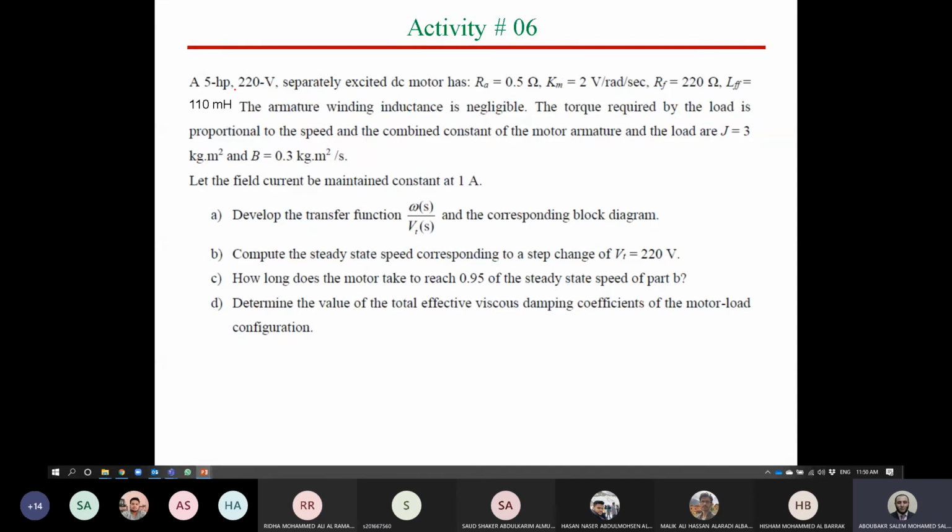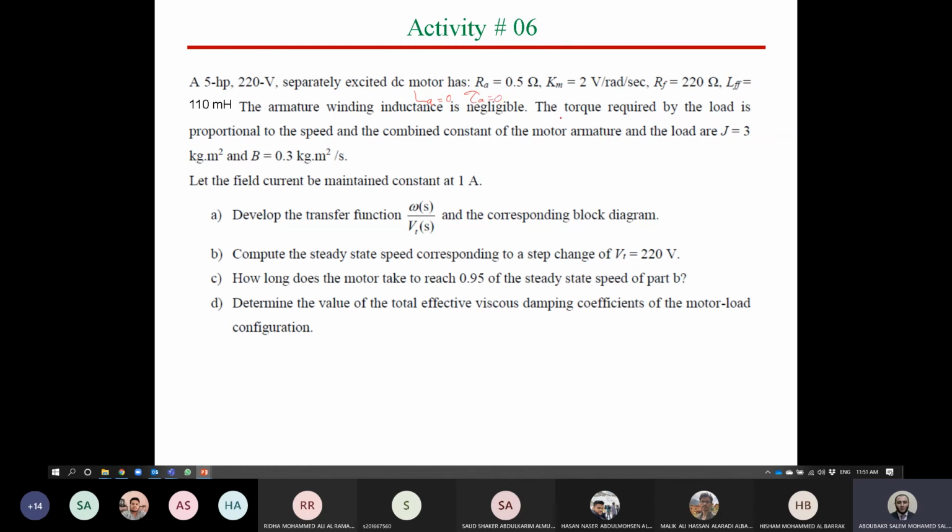We have a 5 horsepower, 220 volts separately excited DC motor. RA is given, KM is given, RF is given, LF is given. The armature winding inductance is negligible. So here you have LA equals 0, which means the electrical time constant equals 0.